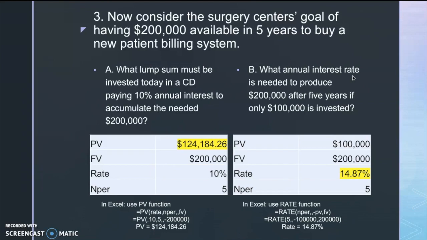So for this problem, we use Excel's present value function because we're trying to figure out what we need to pay today to be able to reach our goal in the future of this $200,000.